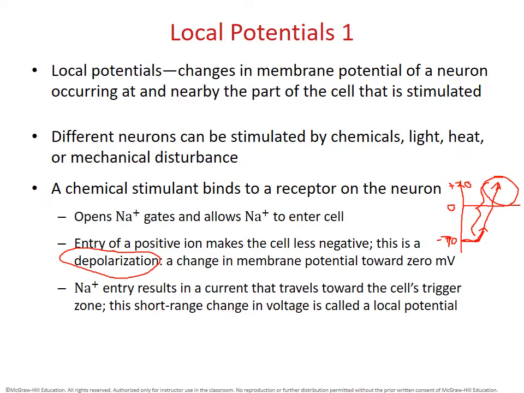Now, what happens during this depolarization, again, is a very local event where we have little gated channels for sodium that are opening up, and the sodium is on the outside of the cell. This is outside the cell, this is inside the cell, and this, of course, represents the cell membrane.